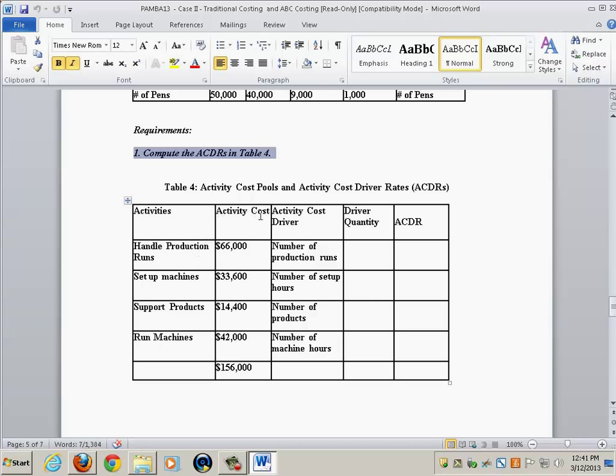If you divide the activity cost for each activity by the driver quantity, you get the ACDR. But what is important in this table, and already done, is a very important stage of activity-based costing, and that is that once the activities were identified, you pool the cost into activity cost pools.